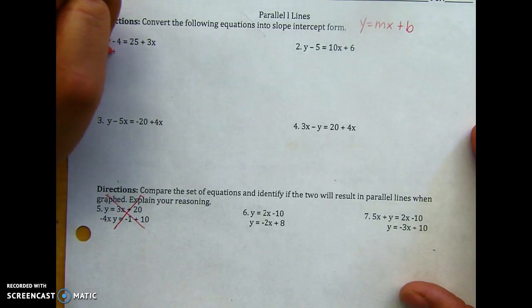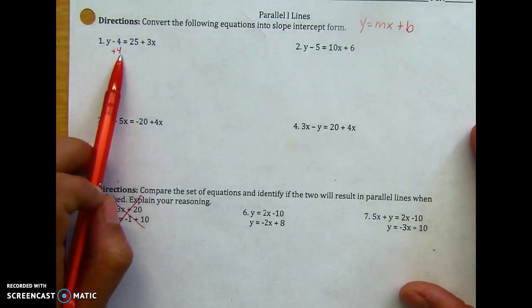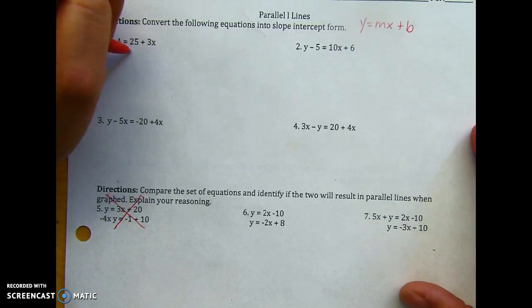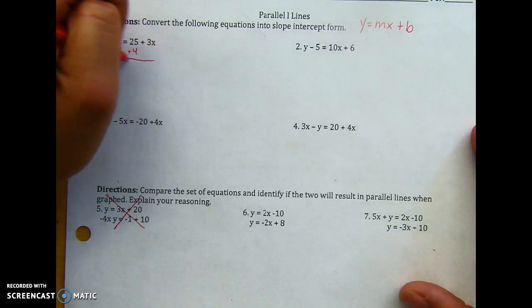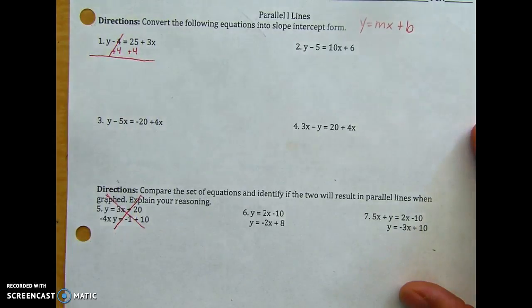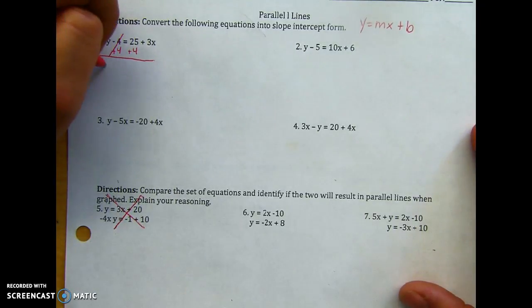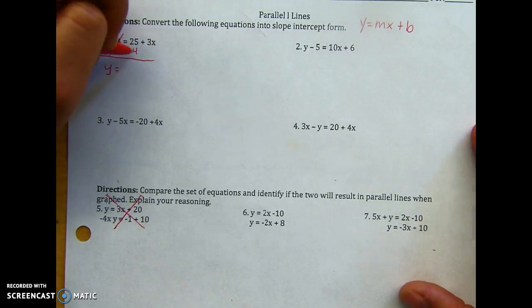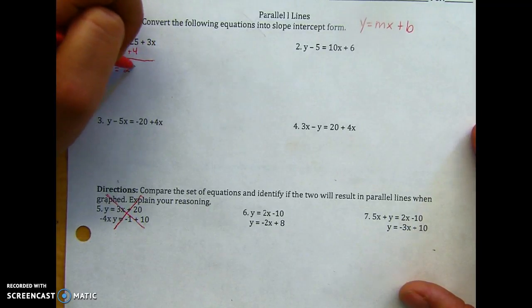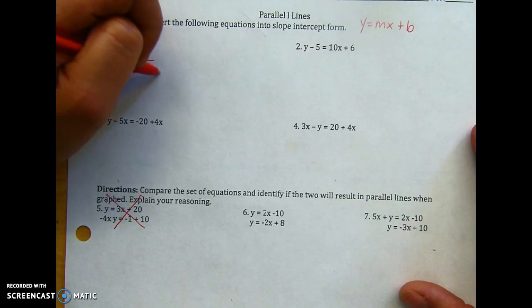I'm going to do the inverse and add 4. But if I notice, it's just a constant, not a variable, so it's going to go under my 25. I am going to cross this out and bring down everything. Y equals 25 plus 4 is 29 plus 3x.